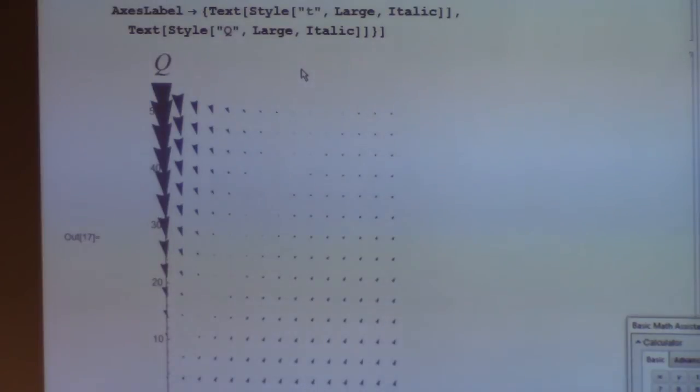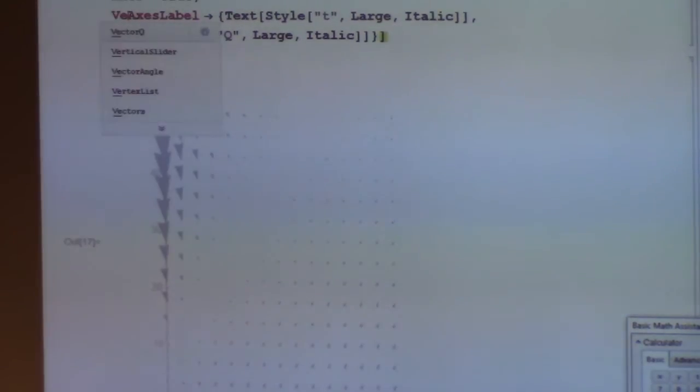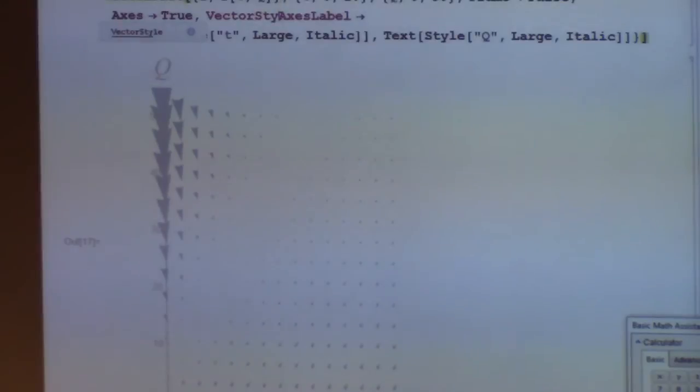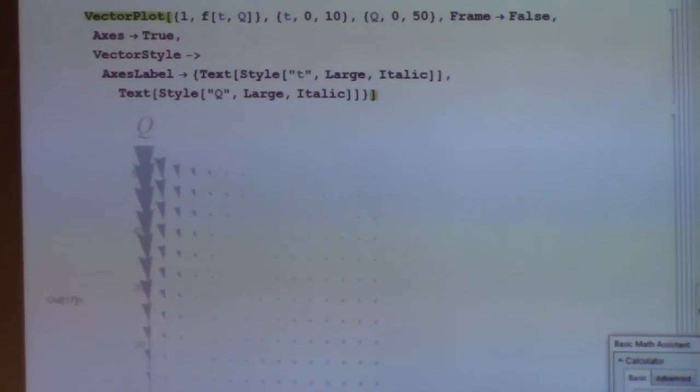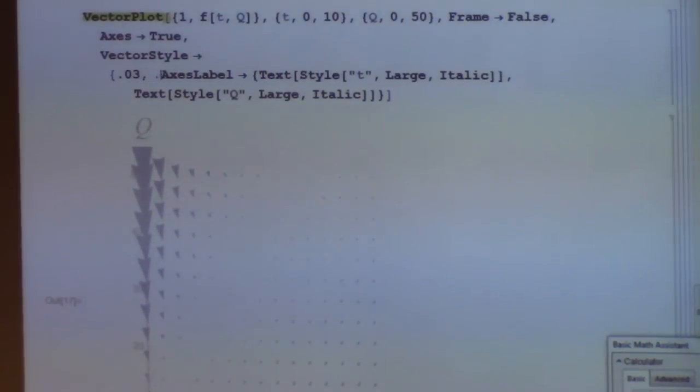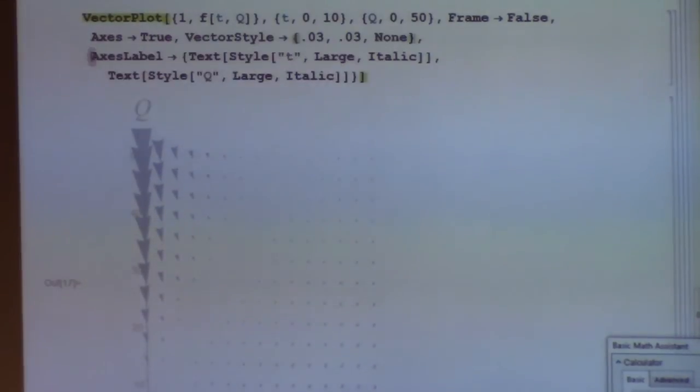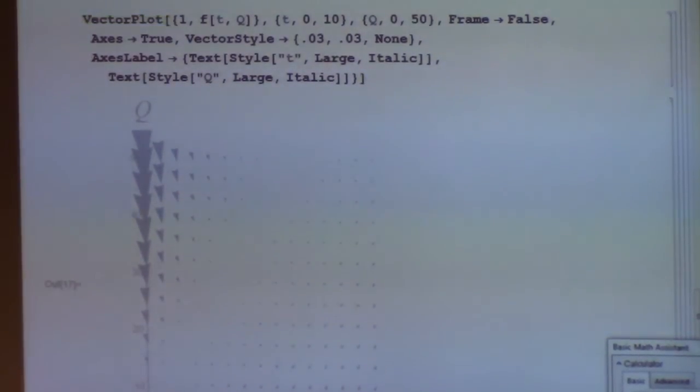We don't want these funny looking arrows in here, so that's where the VectorStyle comes into play, and you can pretty much put it anywhere in here if you want, after any comma. VectorStyle, again, it's 0.03, 0.03, None, is what I copied other people doing to get a nice picture. Oops.